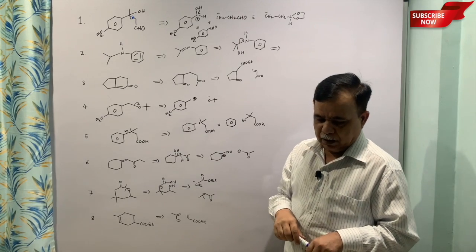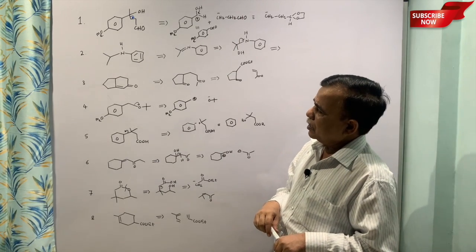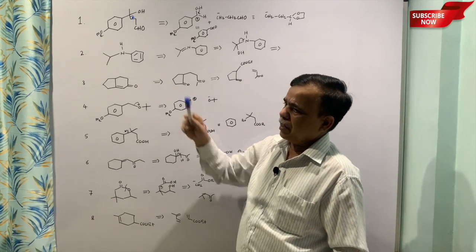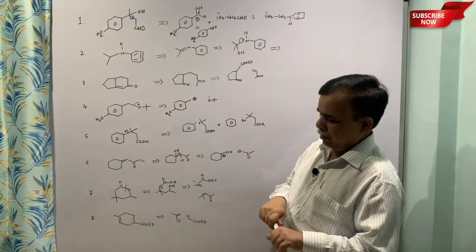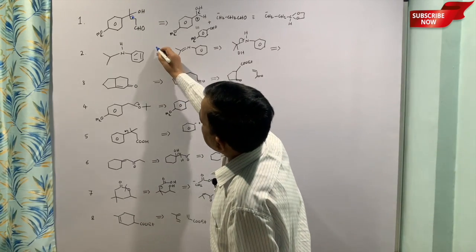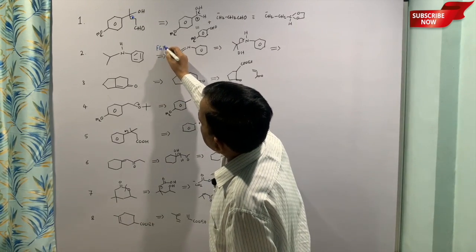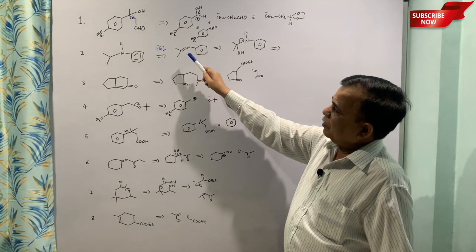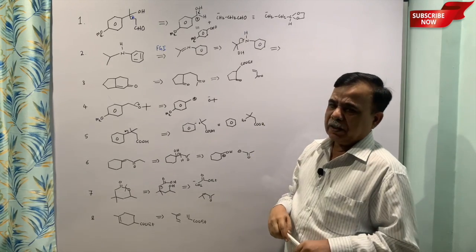Okay. The second molecule is this secondary amine. The foremost thing is you have to put FGI, because FGI is to put a double bond in place of that.